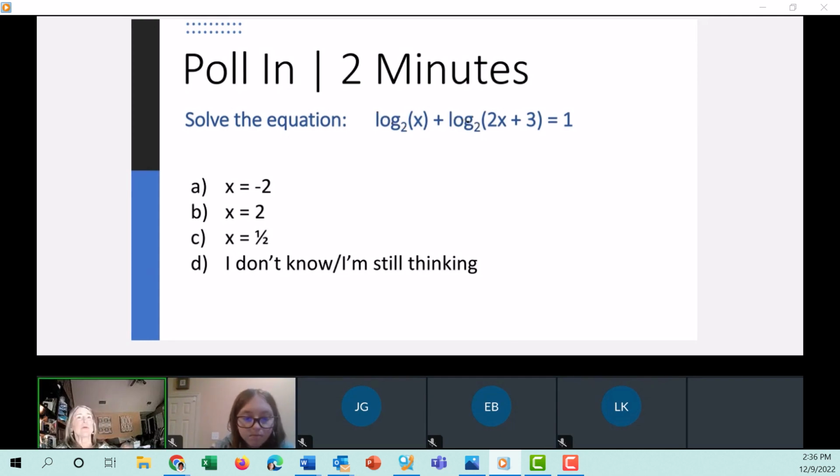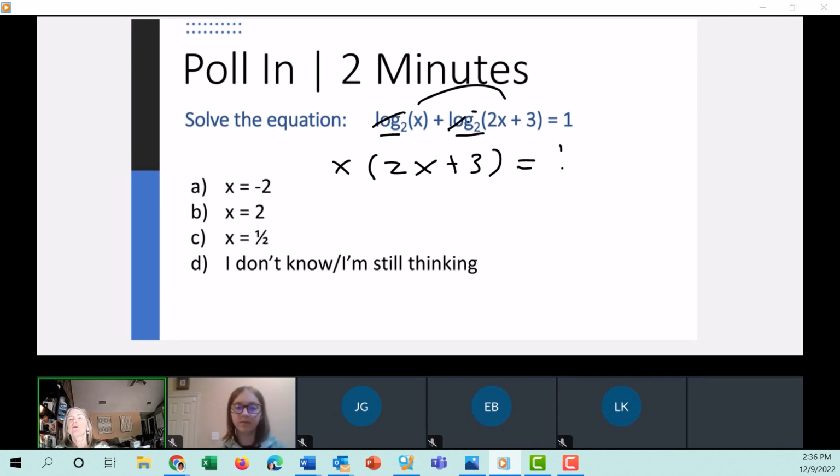Let me pause it. All right, our property of logarithms. This is where it gets sticky. Addition is multiplication. So we can't cross this out until we combine these two like this. This is going to be x times 2x plus 3 equals 1. Property of logarithms.